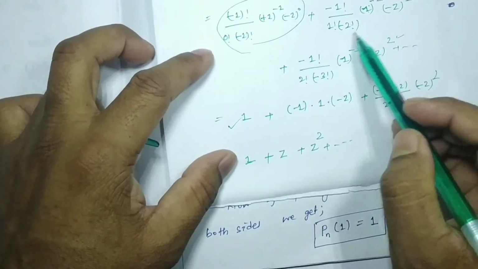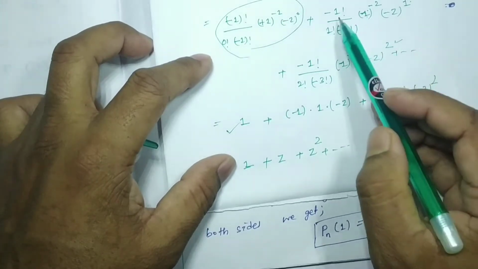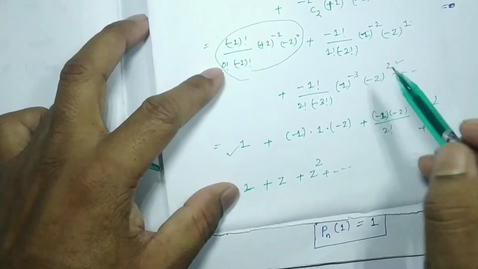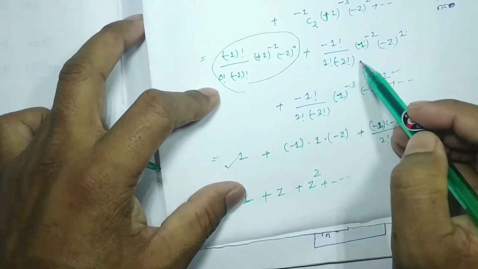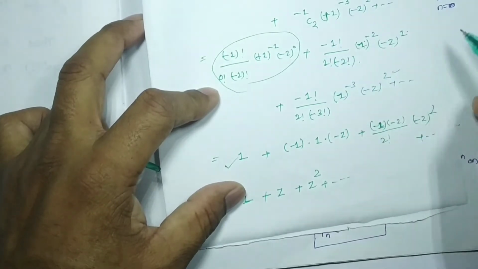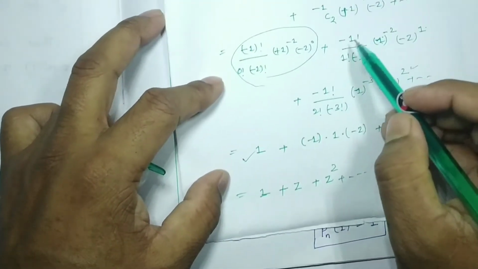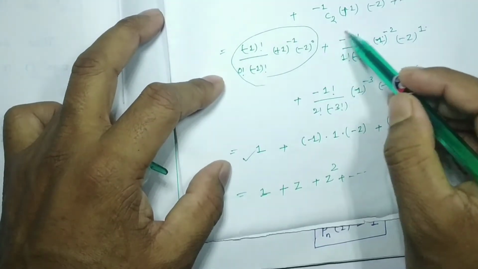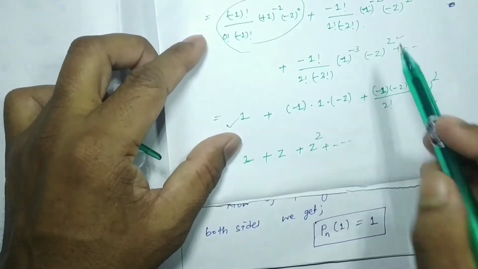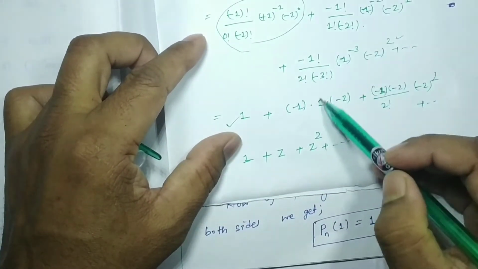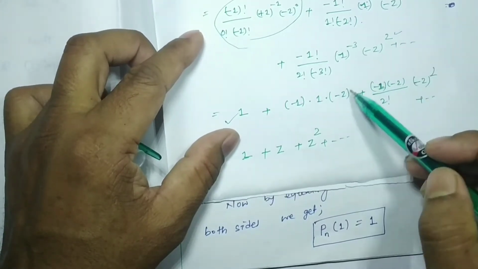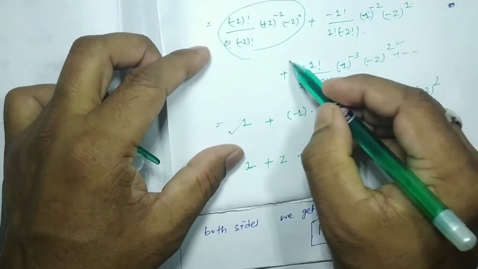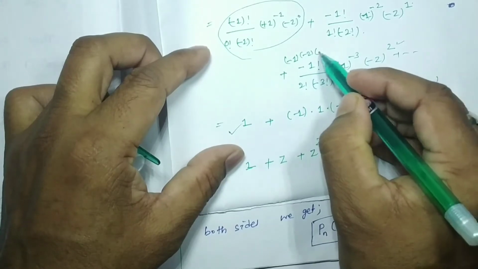So this term will be 1. Okay, and this term you can find, see this term here 1 minus 1 we can find because this is nothing but minus 1 factorial by minus 2 factorial. You see, this is minus 1 into minus 2 factorial. So minus 2 factorial will cancel, minus 1 will be remaining. Minus 1 into 1 to the power minus 2 will be 1, minus z to the power 1 will be minus z. And this term here you can see minus 1 factorial can be written as minus 1 into minus 2 into minus 3 factorial.